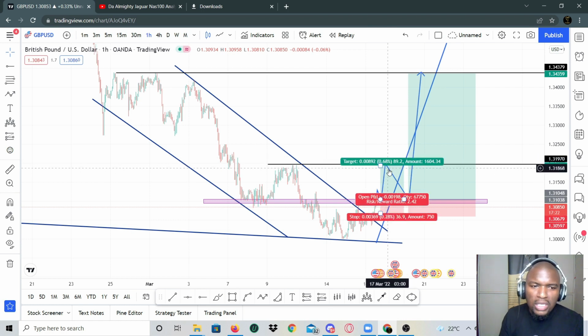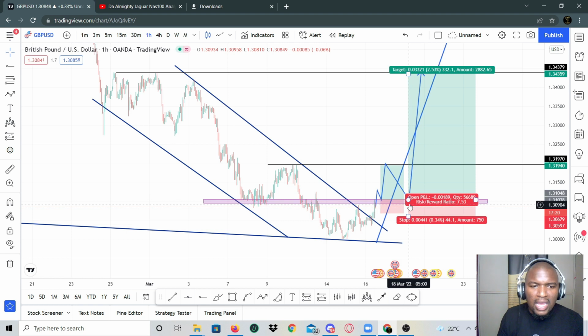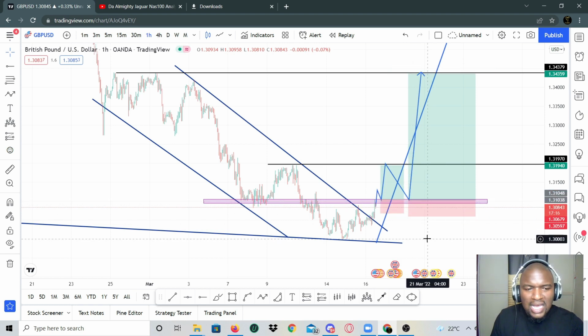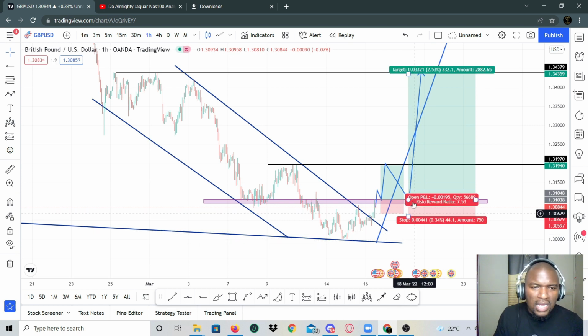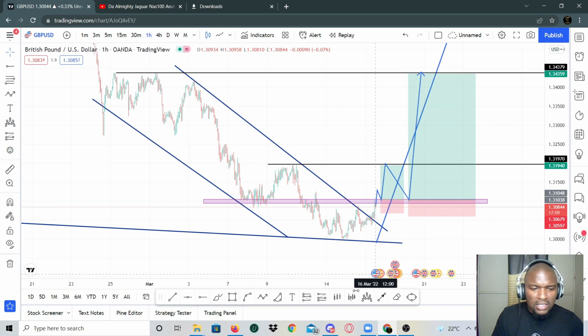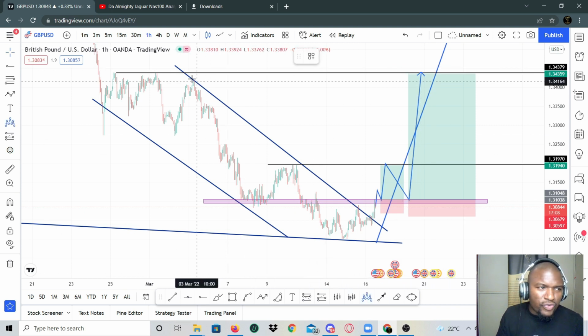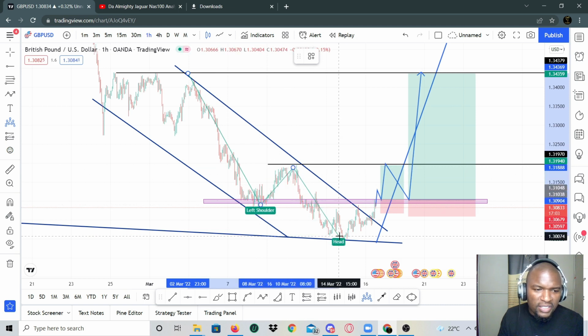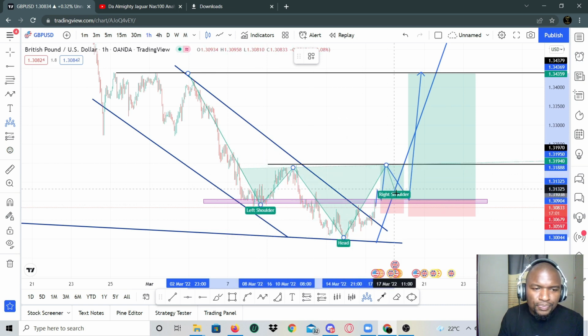For price to give us a pullback. And after giving us a pullback, that's when you're going to enter again on the right shoulder, and go with the buyers, and it's going to make sense to you once you have your pattern like this.